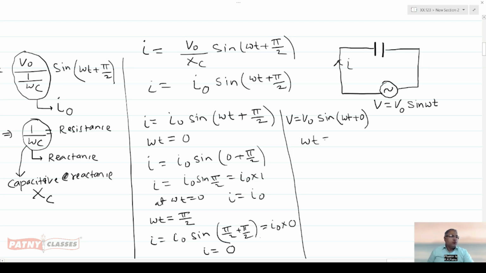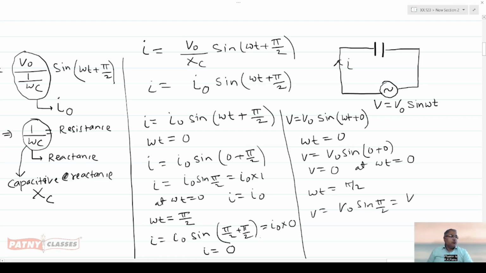Suppose I put omega t equals 0, V equals V naught sine 0, so V equals 0 at omega t equals 0. After that, let us put omega t equals pi by 2. So V equals V naught sine pi by 2, that is equal to V naught. This implies V equals V naught at omega t equals pi by 2.